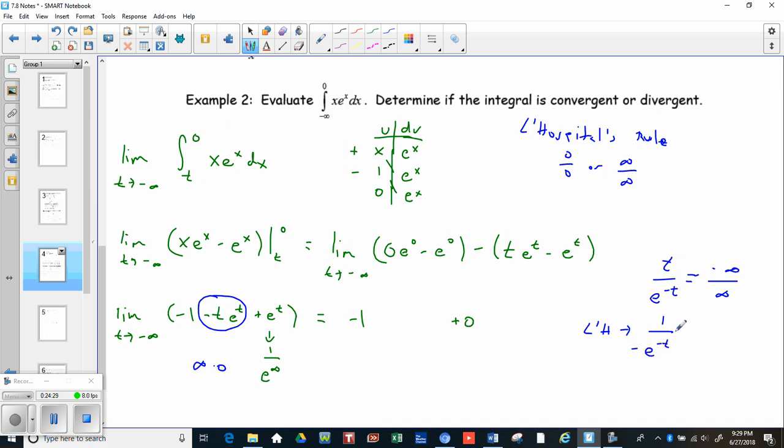And then I'm going to reapply the limit. So if I reapply the limit now, the top is 1. The denominator is going to go to some form of some huge infinite number when I plug negative infinity in, because remember that negative becomes positive. So it's e to some huge positive value. It's just going to be 0. 1 over some astronomically large number is going to go to 0.